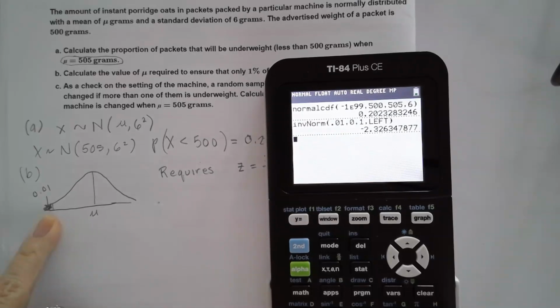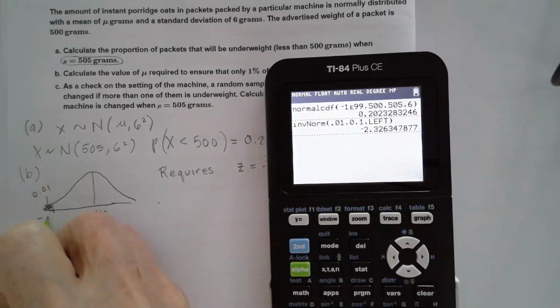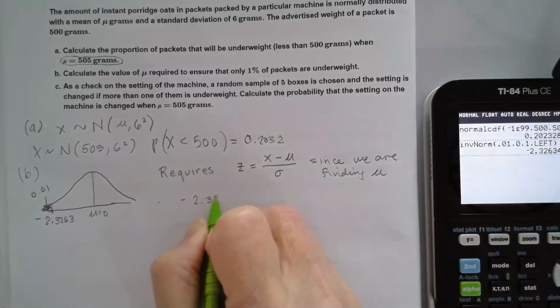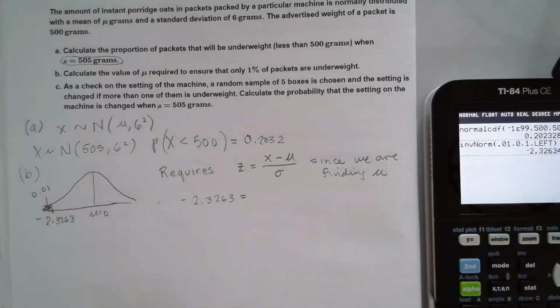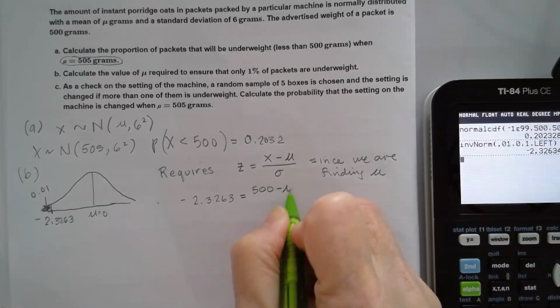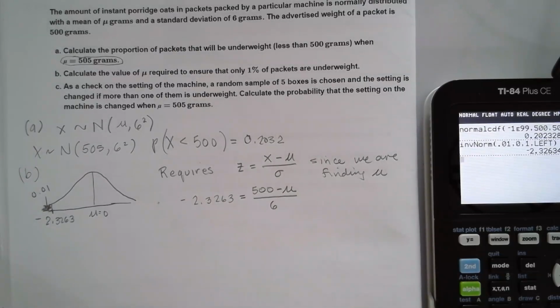So there it is. That's the Z score. So that's this thing on there. If this is 0, this is negative 2.3263. And now I use my formula, negative 2.3263, or you can use what's in your calculator. Everybody see where I got everything?